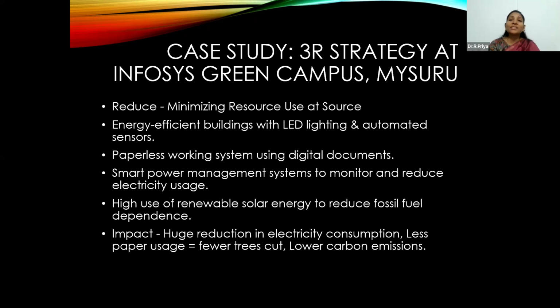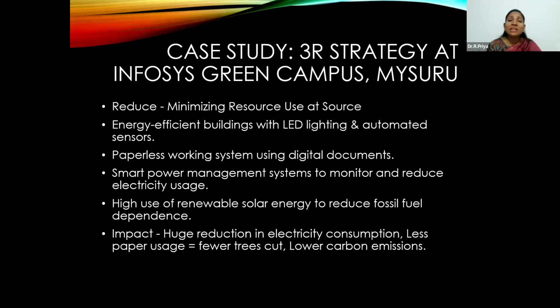So Infosys follows the 3R strategy strictly to reduce the environmental impact, save resources, and promote green engineering practice. First, we can see reduce.